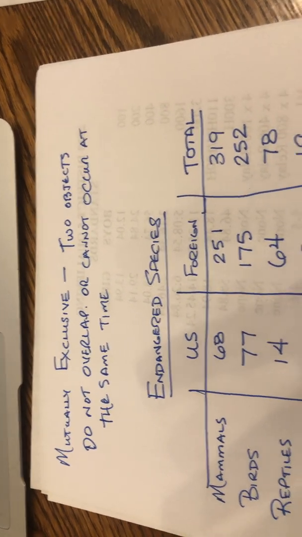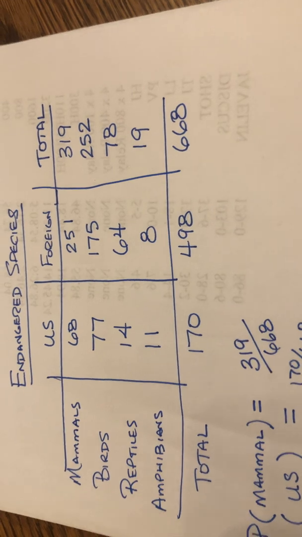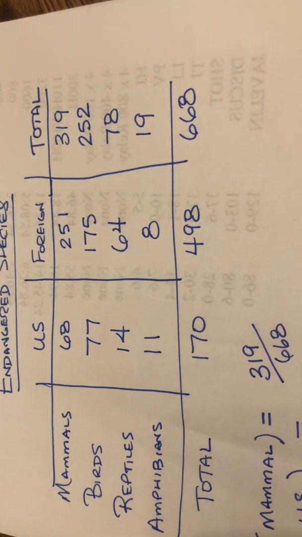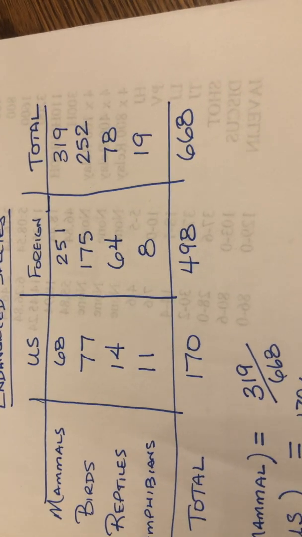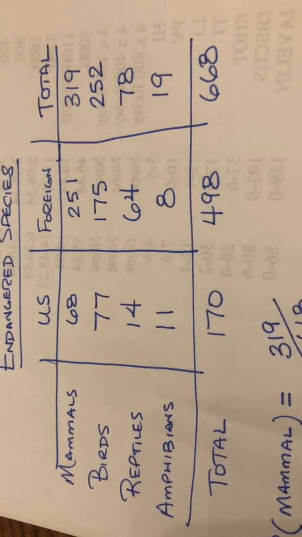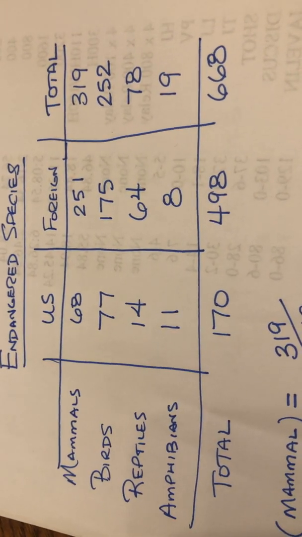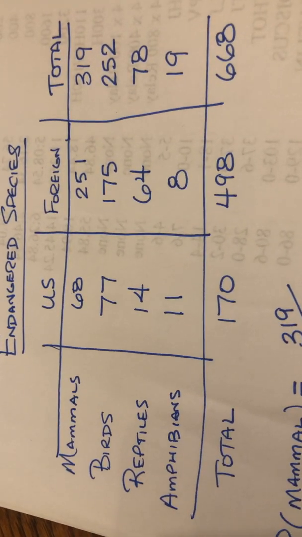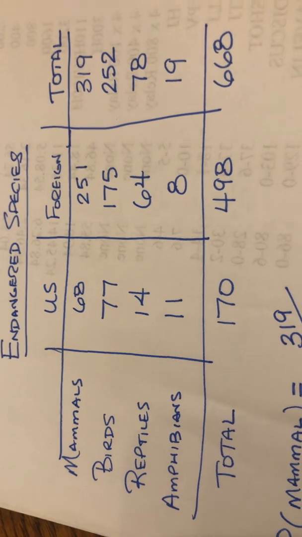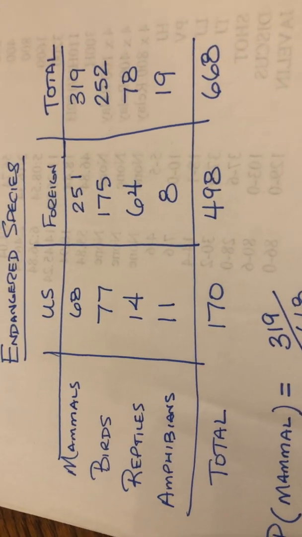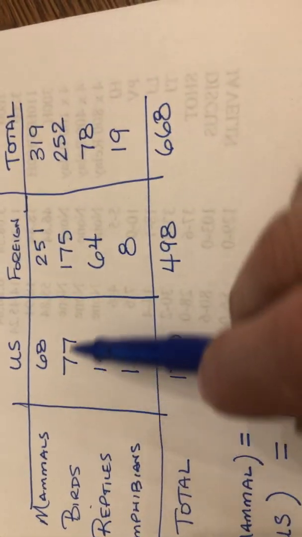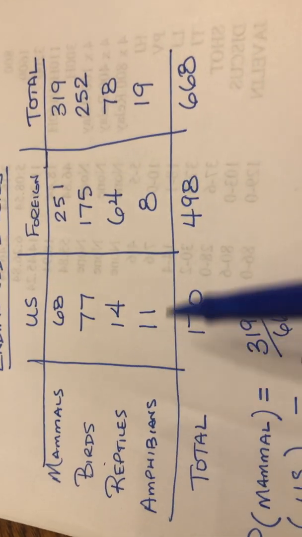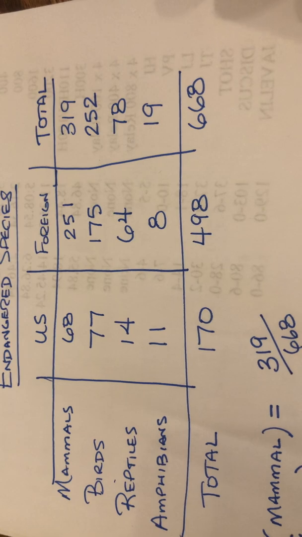So if I was to ask a question like, what's the probability that the endangered species was a bird or an amphibian? I think you would agree, from your biology or a previous science course, that birds cannot be amphibians and amphibians cannot be birds. That means that if something is found in this line of birds, it cannot also be found in this line of amphibians and vice versa.